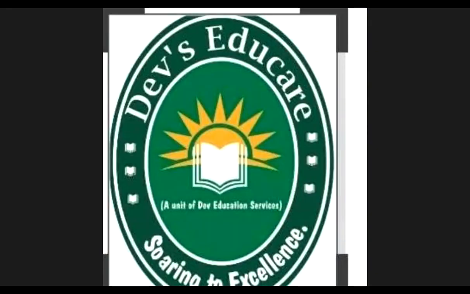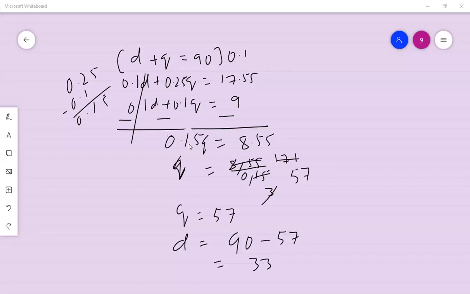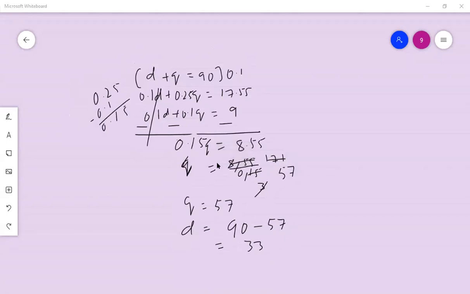I hope you must have studied mean and median for both grouped and ungrouped data, is it? Or have you just studied ungrouped data? There are two types of data in statistics. One is ungrouped data. Ungrouped means only numbers are there.